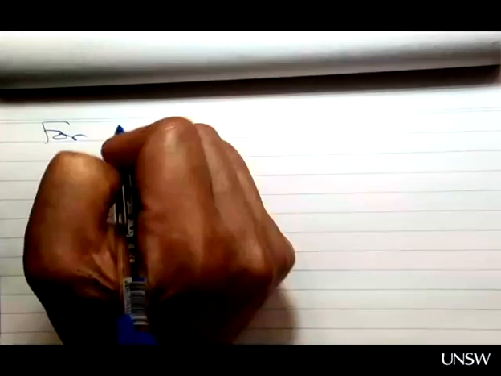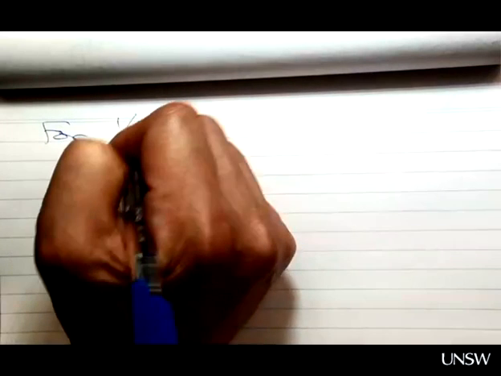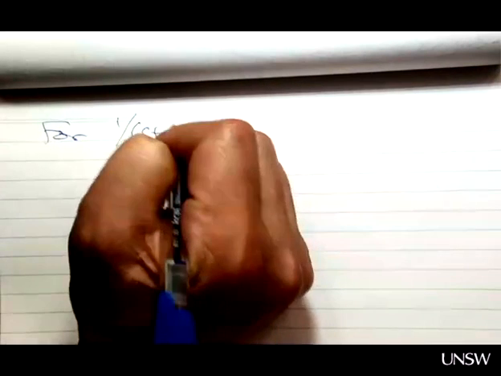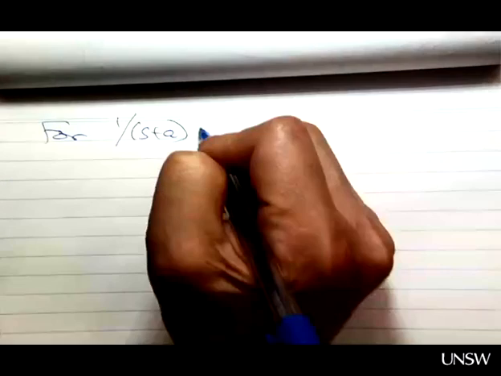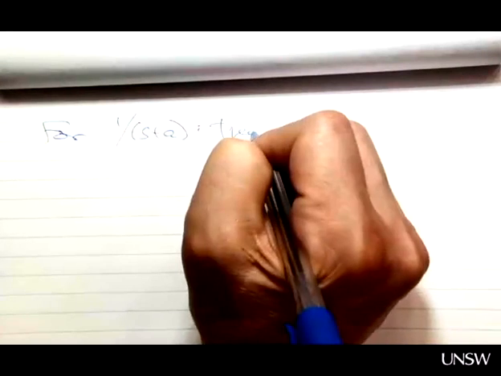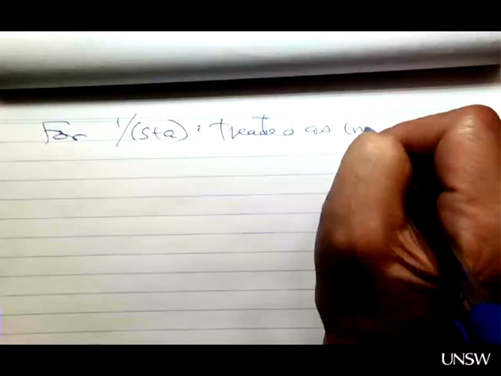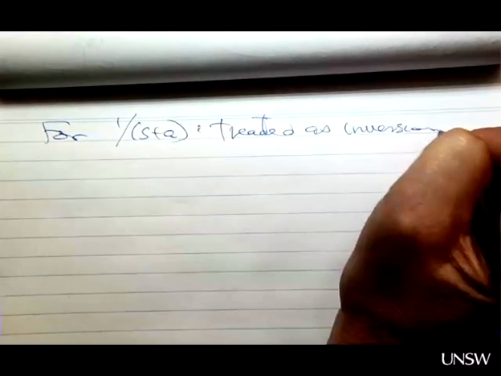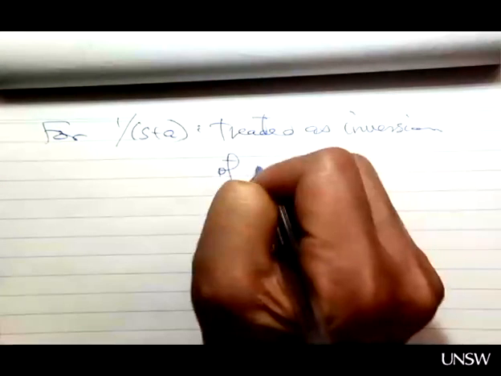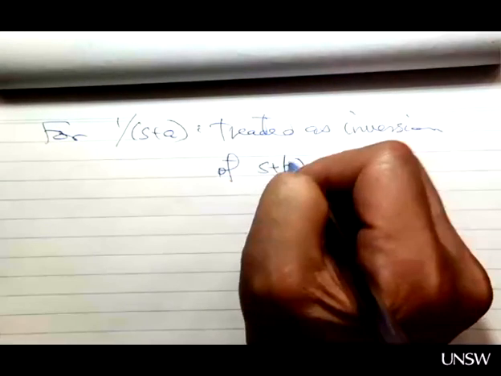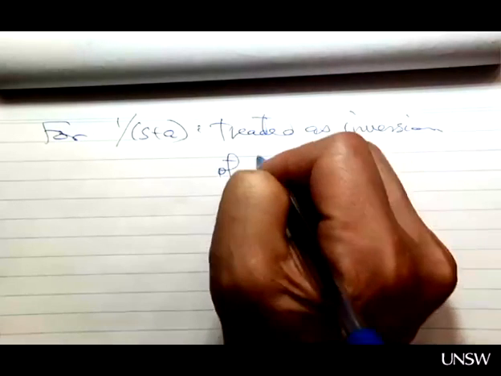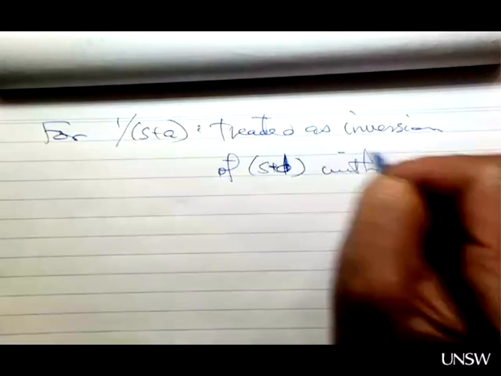For the other case, 1 over s plus a, it is treated as the inversion of s plus d with a equals d. It's just that simple.